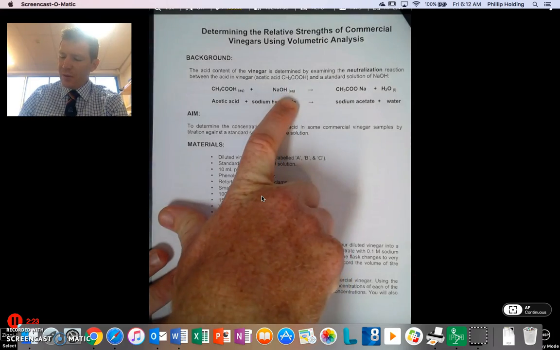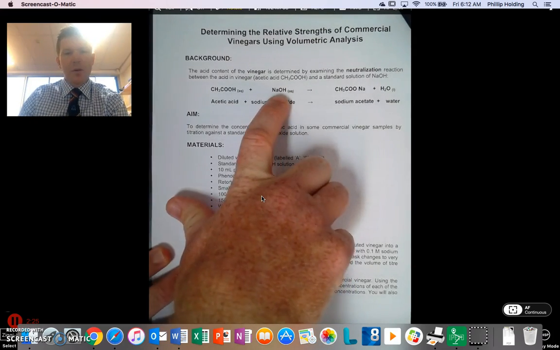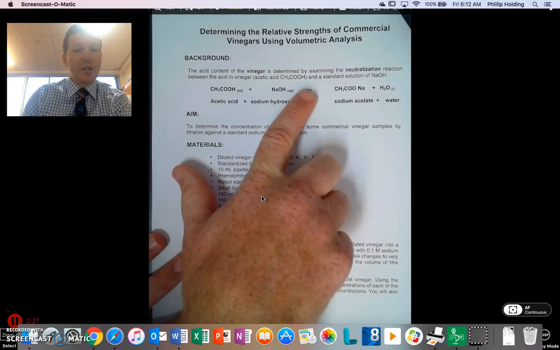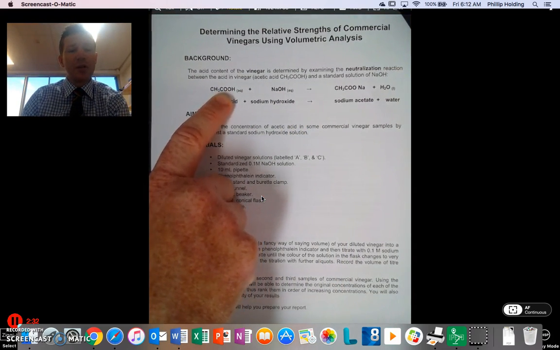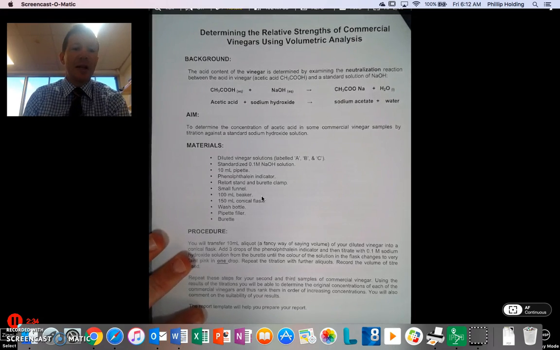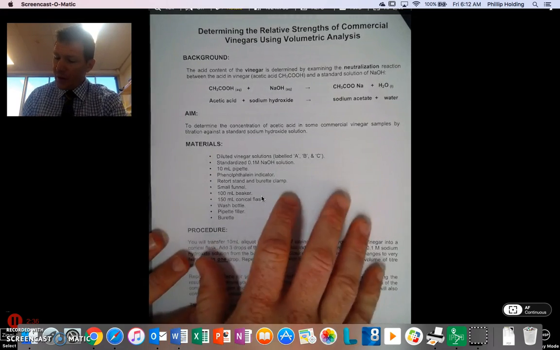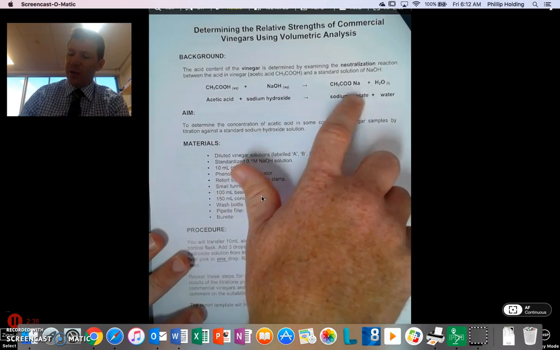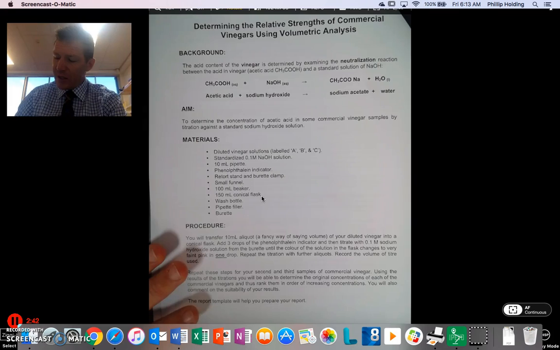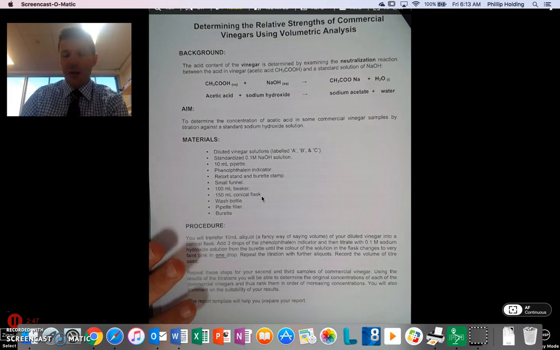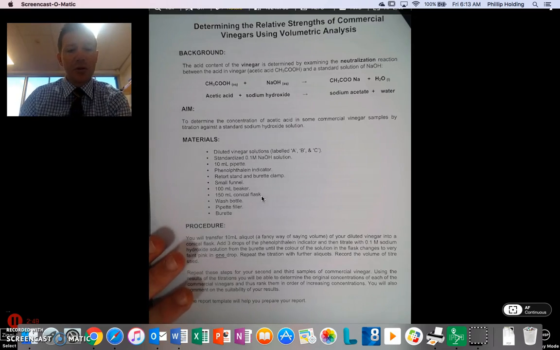We're going to be given a known quantity and a known concentration of sodium hydroxide, and it's our goal to work out the concentration of 3 different acetic acids, which is vinegar. It's a neutralization reaction, meaning we form a salt and water. Our aim is to determine the concentration of acetic acid in some commercial vinegar samples by titration against a standard sodium hydroxide solution.